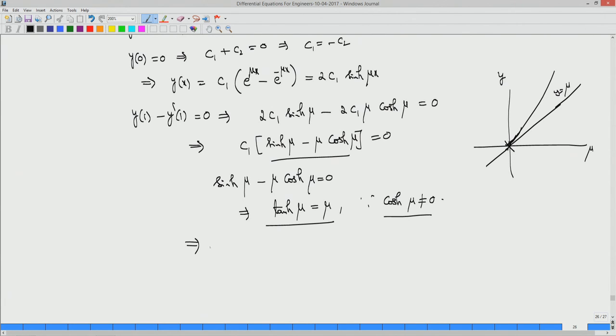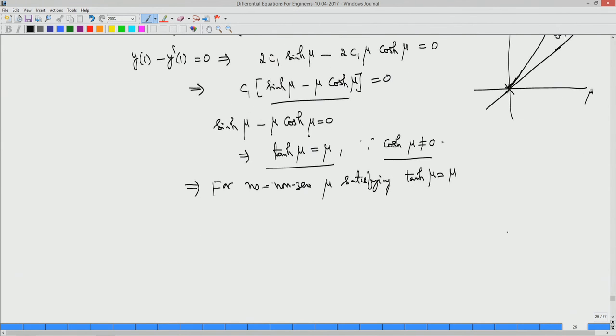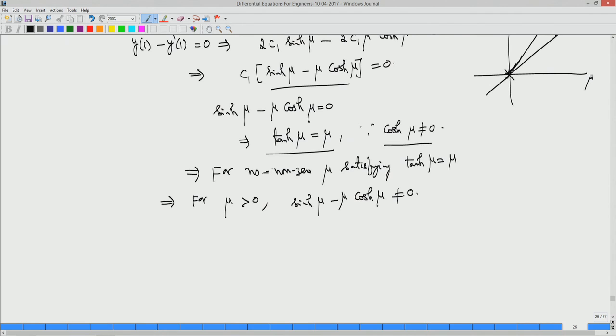So, there is no non-zero mu satisfying tan hyperbolic mu equal to mu. That implies for mu positive, the quantity sine hyperbolic mu minus mu cos hyperbolic mu is non-zero. So, C1 has to be 0.